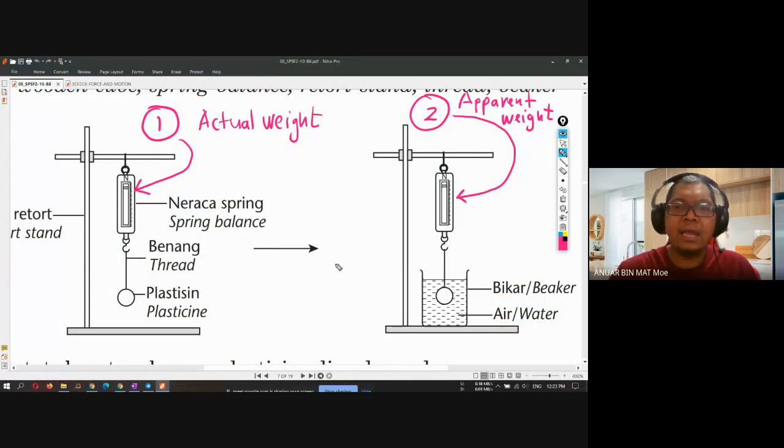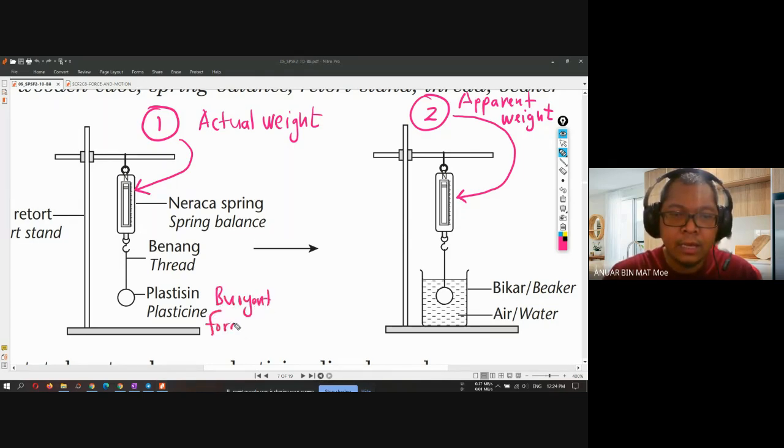And then there is a difference between the reading in step number one and step number two. Usually the reading of the spring balance in step number two is less than the actual weight. So that's how you get the buoyant force.